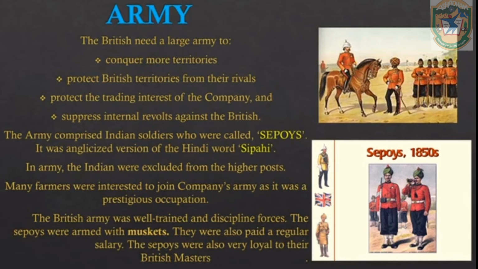Most of the recruitments in the army were made from the areas of Uttar Pradesh, Jharkhand and Bihar. The company barred the Indian soldiers from positions of responsibility and honor. Indians could at the most reach up to the rank of Subedar.